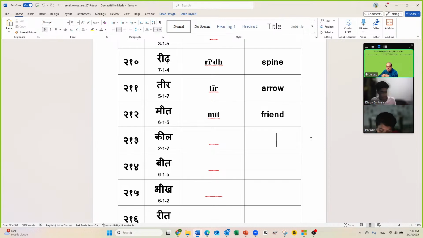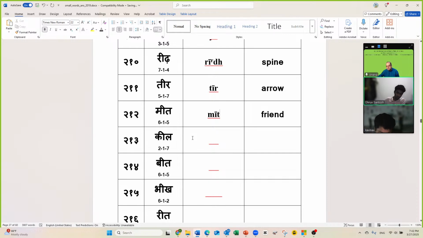What is the Sanskrit word for friend? Mitra. So if I put an R after this, it will become the Sanskrit word, mitra. And then the Hindi word is meet and the Urdu word is dost. Okay, Dhruv, next word.